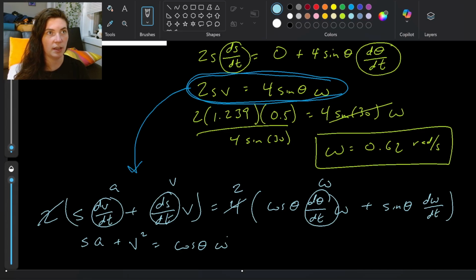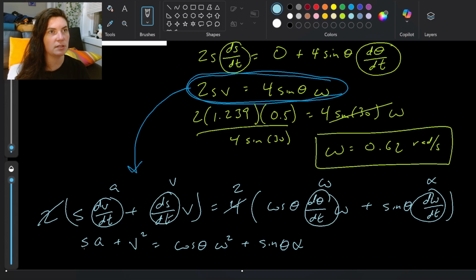So cosine theta times omega squared, plus sine theta, and then that d omega dt gives us our alpha, our angular acceleration that we're looking for. So I can rearrange this, and I can solve for my alpha.